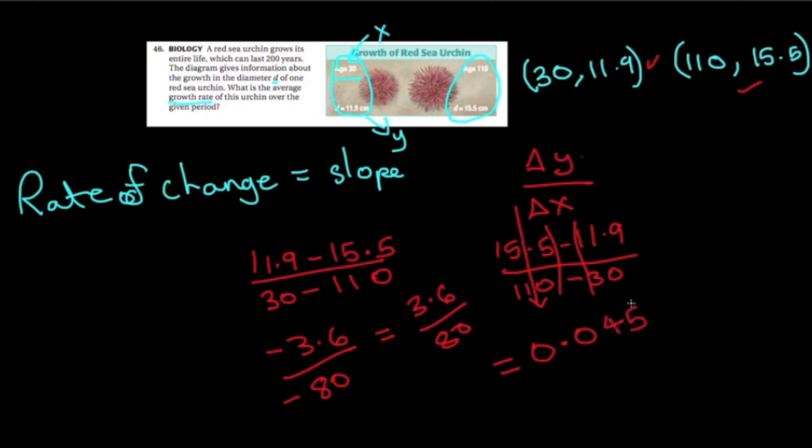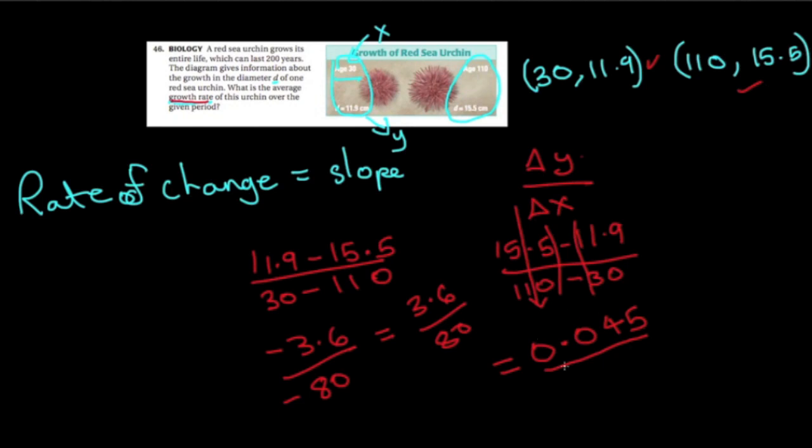So the answer is 0.045. This is the slope of this equation, and you may think that you have to go on and find the y-intercept and so on, but that's not necessary. It's only asking you for the growth rate, not the entire equation. So make sure you read the problem carefully, and you can save yourself a lot of work.